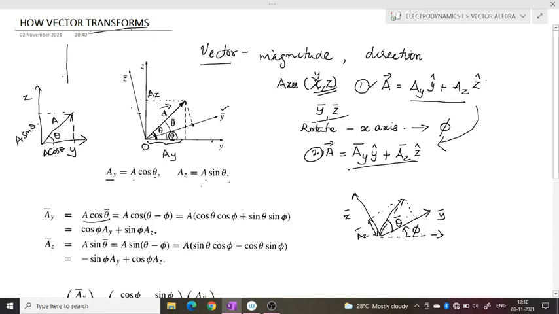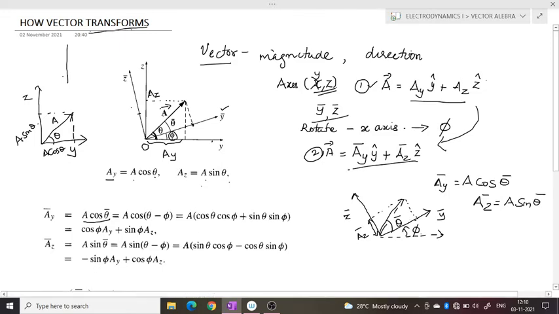In the new coordinate system, this is theta dash and this is Ay dash. Similarly, what is Az dash? Az dash is equal to A sin theta dash. So Ay dash and Az dash you get as A cos theta dash and A sin theta dash.